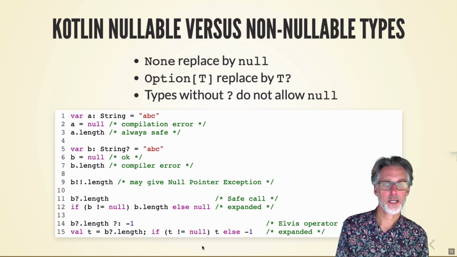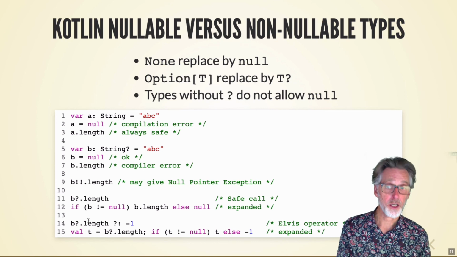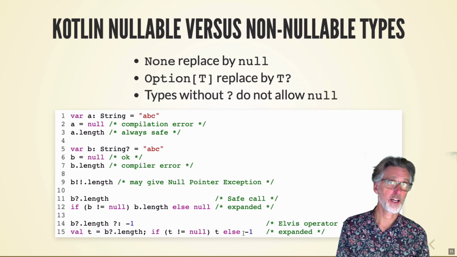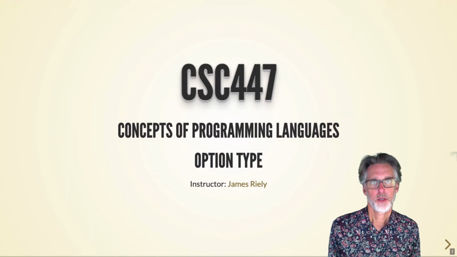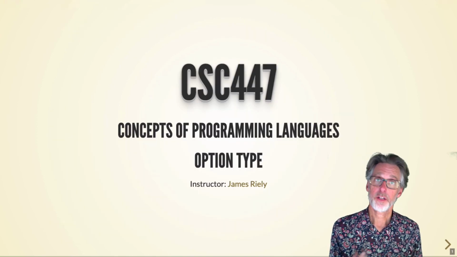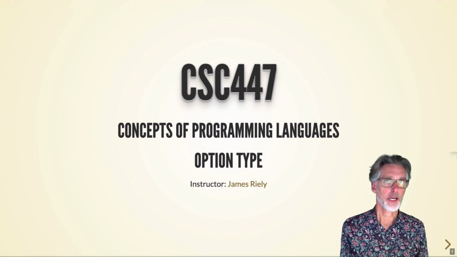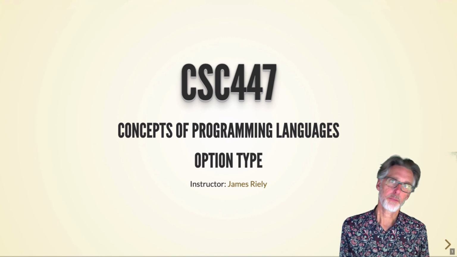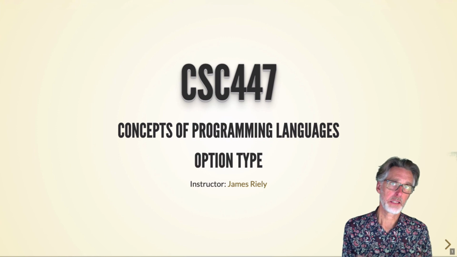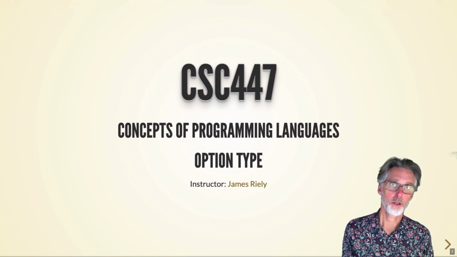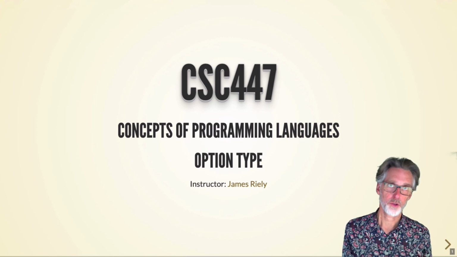If the left-hand side is not null, then we simply get the value of the left-hand side. If the left-hand side is null, however, the right-hand side gives us a default value. Option types in Scala are very useful, particularly as error handling becomes more complex. They're also an example of a structured data type, like lists and tuples. And next week, we'll start to look at how to build our own structured data types.